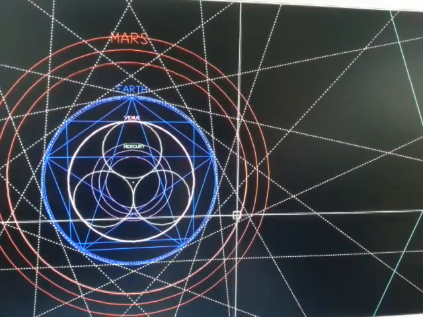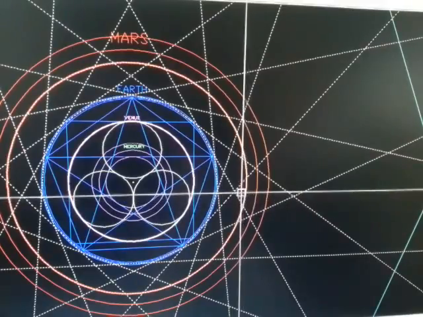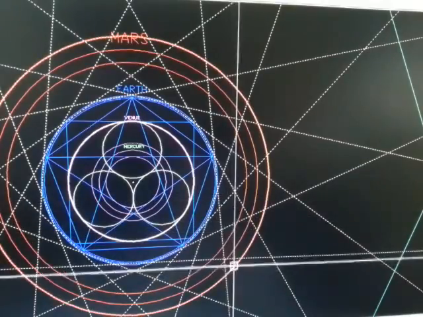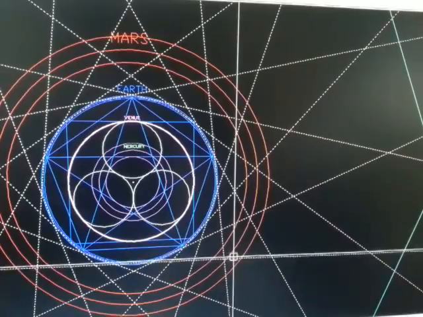It's pretty amazing. It seems that Earth is maybe not the centre of the solar system, but the geometrical centre of the solar system.